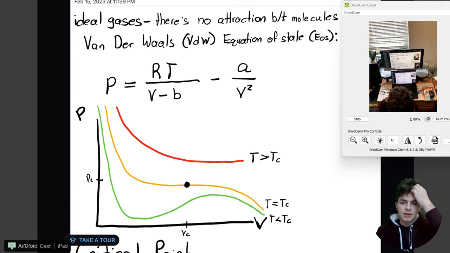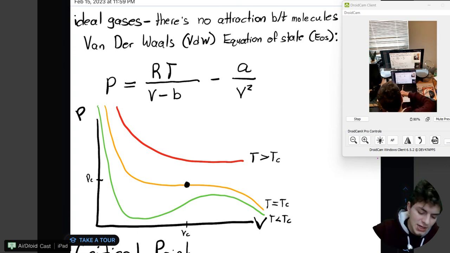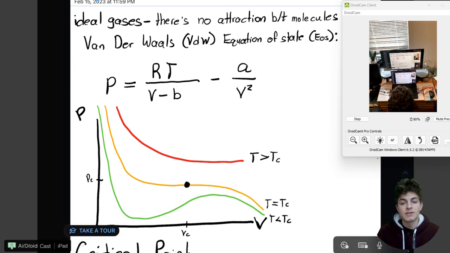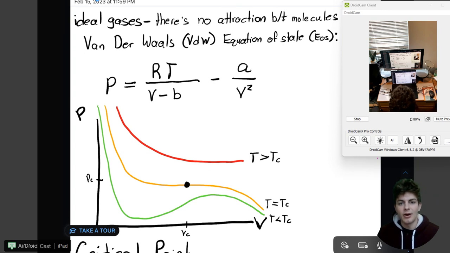Now, looking at that point and using our knowledge of calculus, we can determine two things. We would understand that the first derivative of pressure with respect to volume would be equal to 0, as the tangent line to this graph is equal to 0. Similarly, the second derivative of pressure with respect to volume is also equal to 0 because it occurs at an inflection point on this graph.